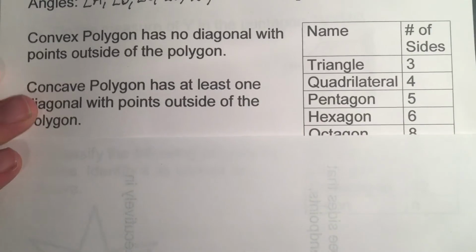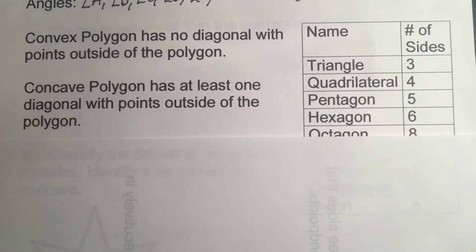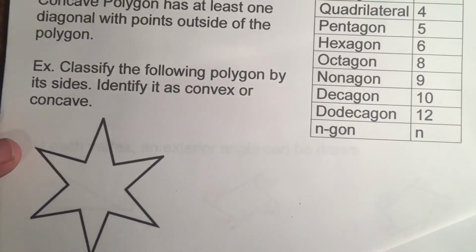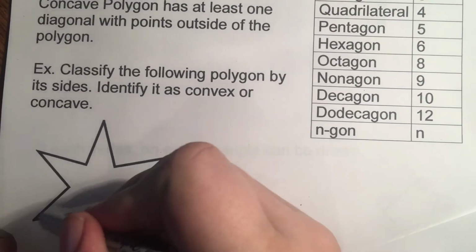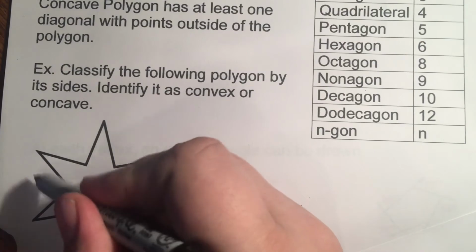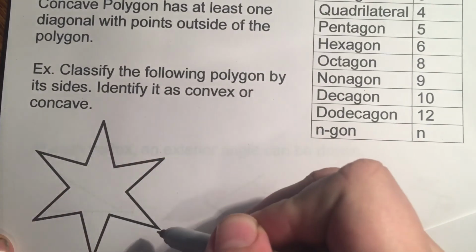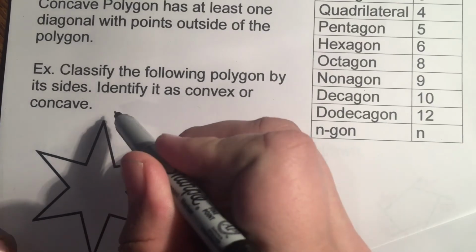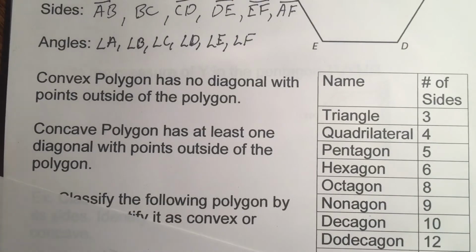The other side of this is concave, where at least one diagonal will have points outside the polygon. So later on when we get to the star, this star is going to be concave because if we connect these 2 points, we're outside the shape. Even though if I connect these two, we're good, but this one over to here, we leave it. So there's points where we're going to leave it, then it's going to be concave.